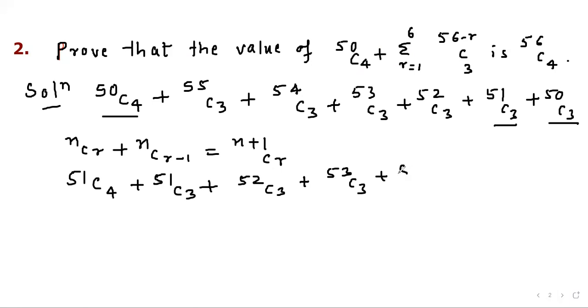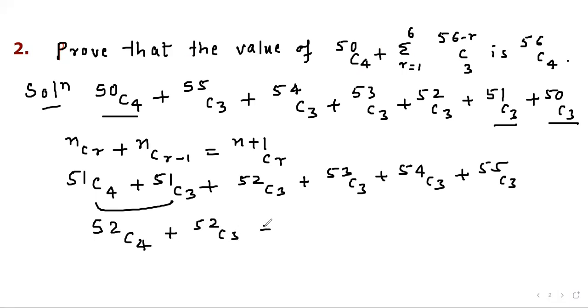53C3 plus 54C3 plus 55C3. Now again these two will give, by the same formula, 52C4 plus 52C3 plus 53C3 plus 54C3 plus 55C3.